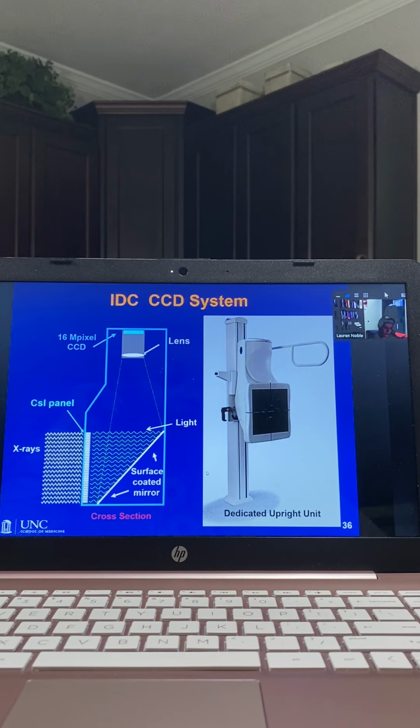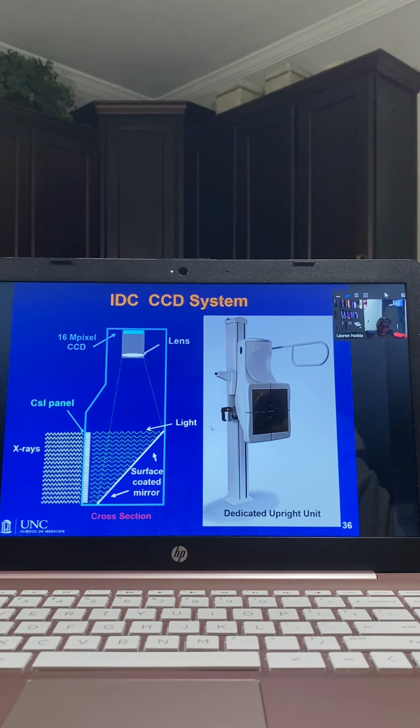Well, this is me trying to do the best I could drawing this to represent what's in here. So the x-rays come in the front of this detector here, and right inside the front of this panel, there is a cesium iodide scintillator, that columnar scintillator. The x-rays interact with the cesium iodide, and light is released.